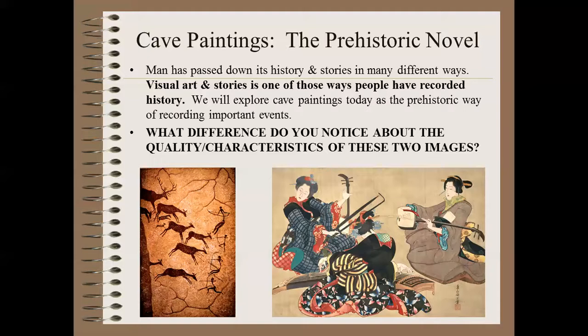Either way, both images have enough information that you have a sense of what's going on, even if you're not sure exactly what it is. You have a sense of it telling a story or representing a specific place and time.